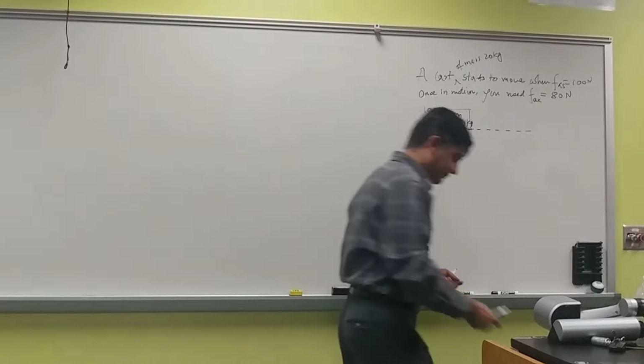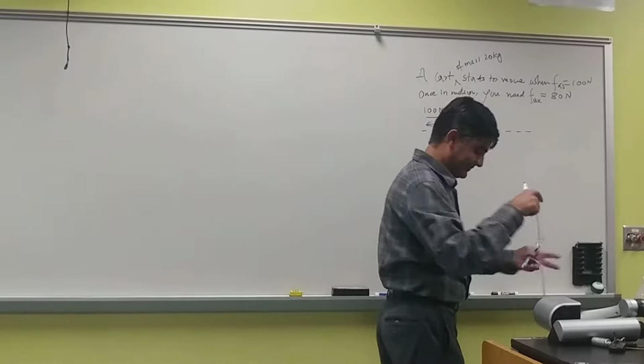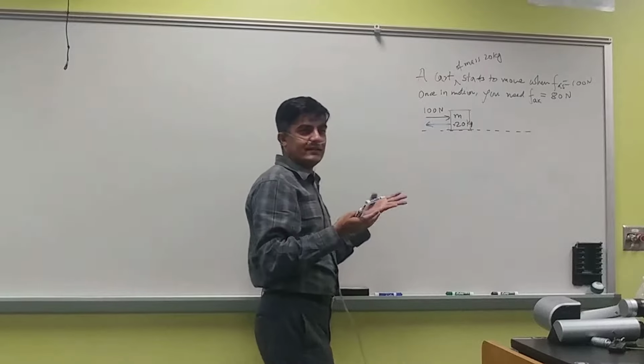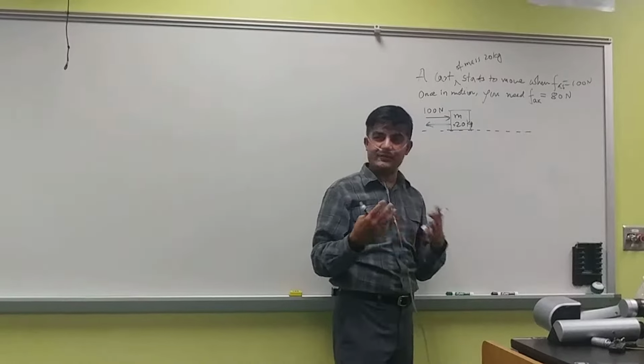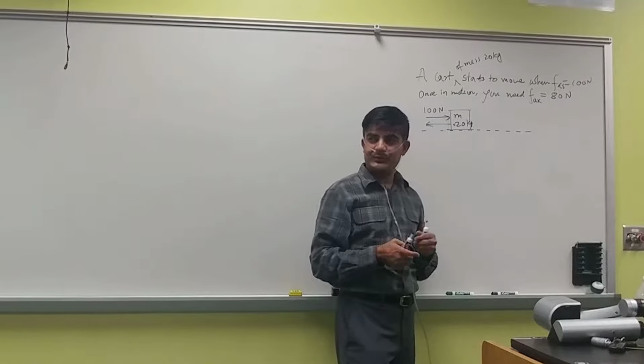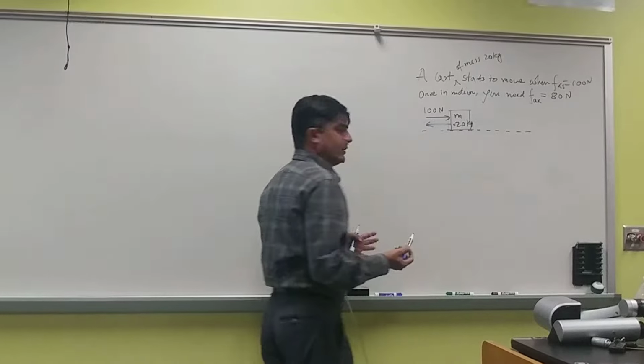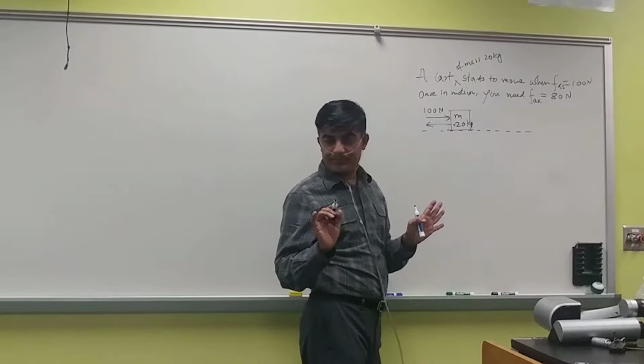So now what do you do? What is the question? Find the coefficient of static and kinetic friction. Find the normal force. First of all, draw a free body diagram.